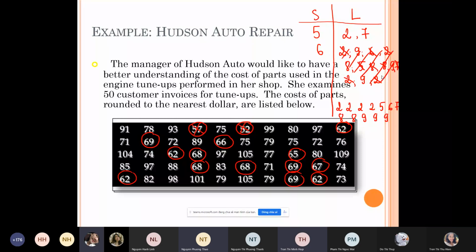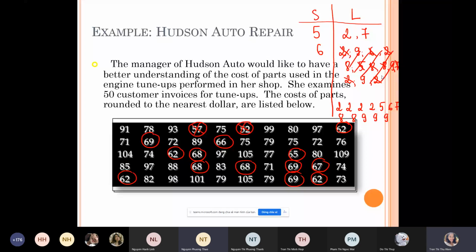Is this clear to you, stem and leaf? Yes.